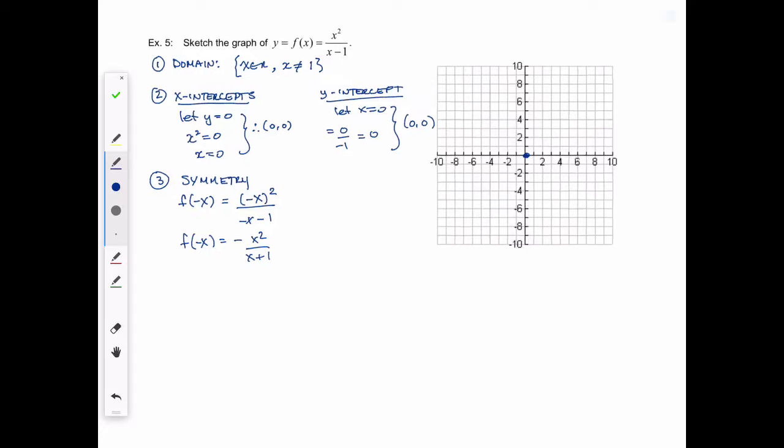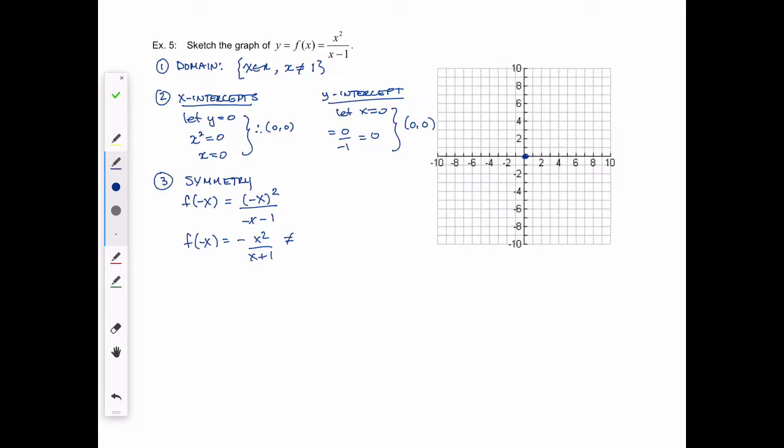And that does not equal f of x, nor does it equal negative f of x. Therefore, no symmetry about a point or the y-axis, right? There could be some other type of symmetry, which we're not testing for at this point.